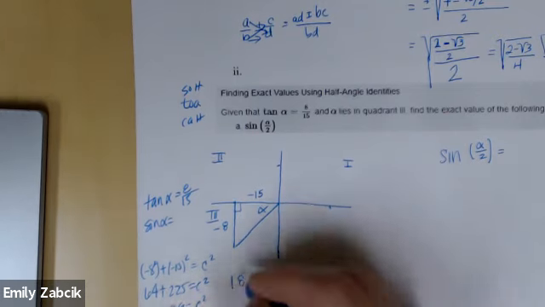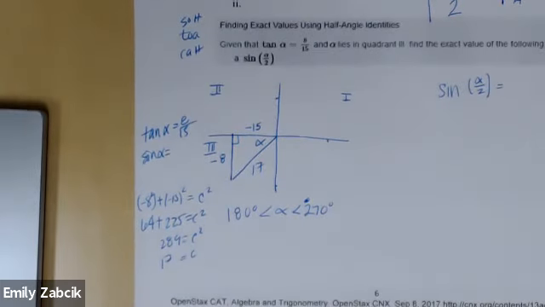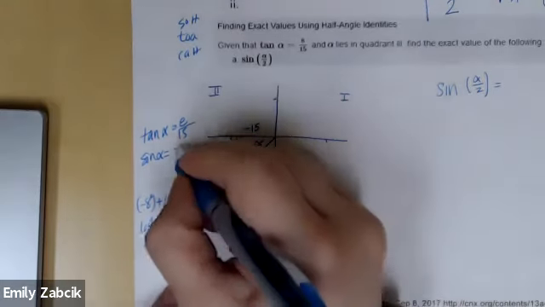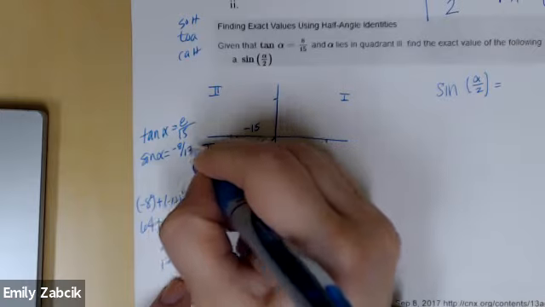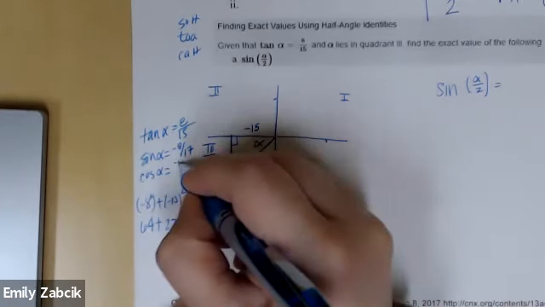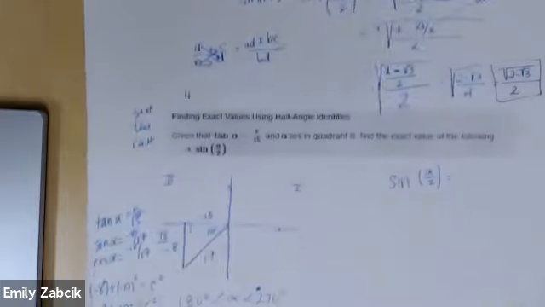So 17. This triangle happens a lot, this 8, 15, 17. So if I want to do sine of alpha, that's going to be opposite over hypotenuse, so that's -8 over 17. And cosine of alpha would be equal to -15 over 17. And we're probably going to have to use that cosine alpha here in a minute, because remember this formula here?